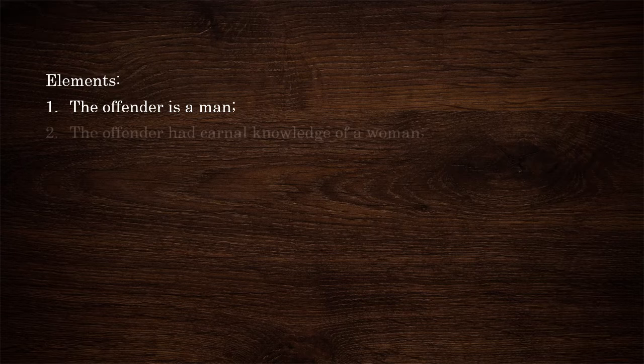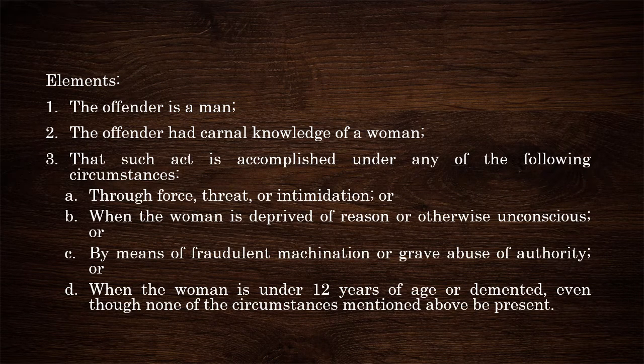These are the elements of rape. First element, the offender is a man. Second element, the offender, who is a man, has carnal knowledge of a woman. And third element, that such act, meaning the act of carnal knowledge, is accomplished under any of the following circumstances. Letter A, through force, threat, or intimidation.